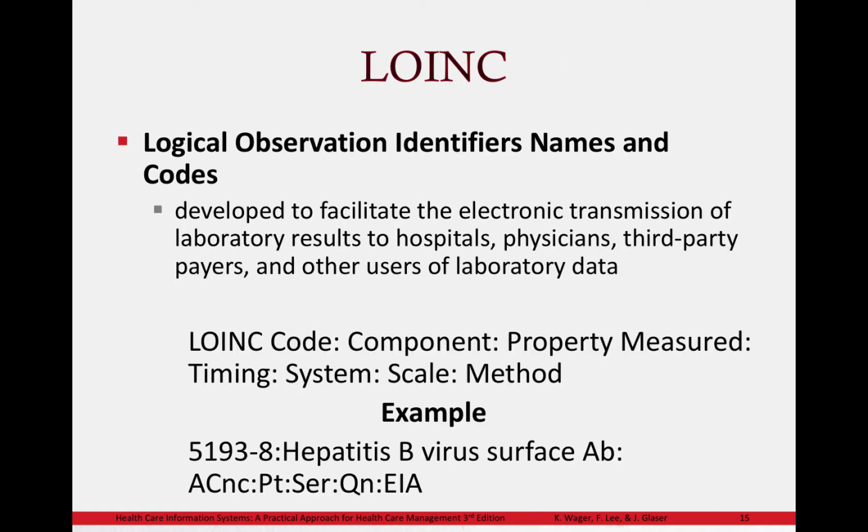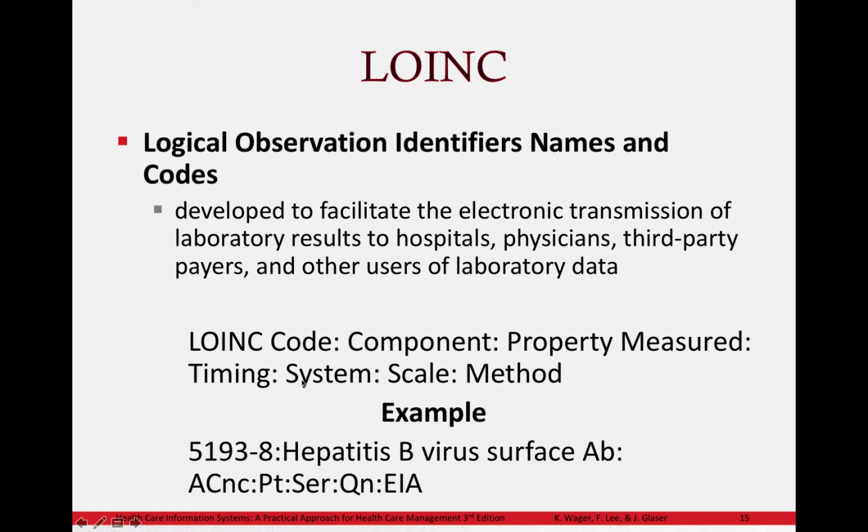So LOINC, as I said, basically focuses on lab data, and what LOINC does is divide a concept into six different axes. You can think about for every concept you need six attributes to define it. So number one, of course, is the code within LOINC.